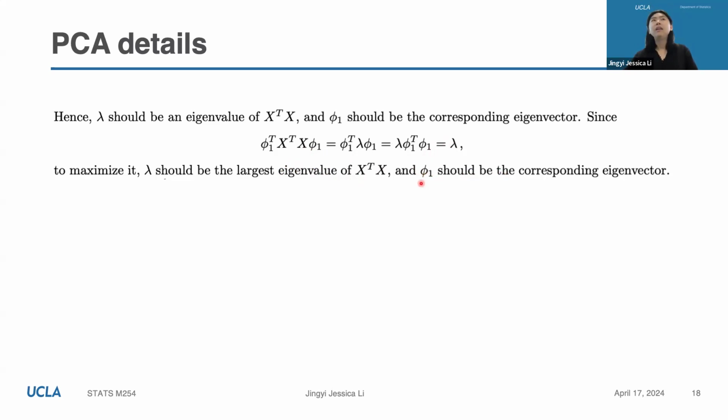So in short, the loading vector of PC1 is the eigenvector that corresponds to the largest eigenvalue of this X transpose X. And this X transpose X has an interpretation. It's P by P, where P is the number of features, so this is called the sample covariance matrix of the P features.